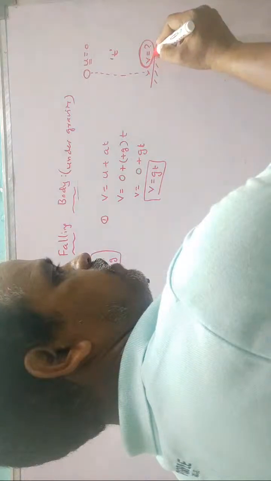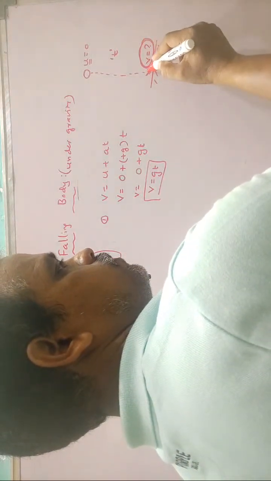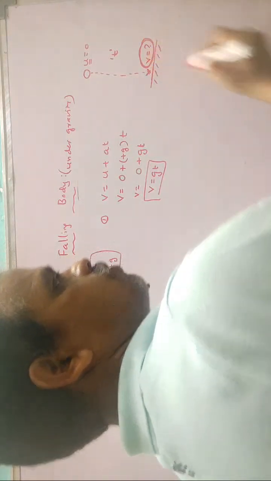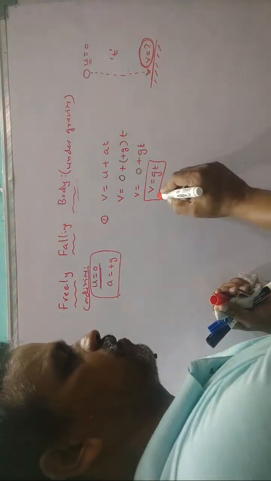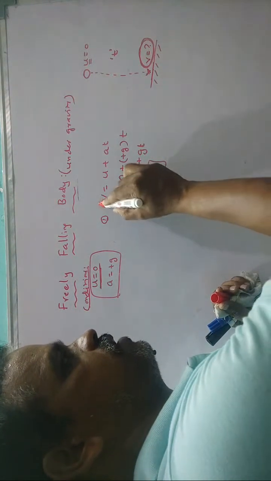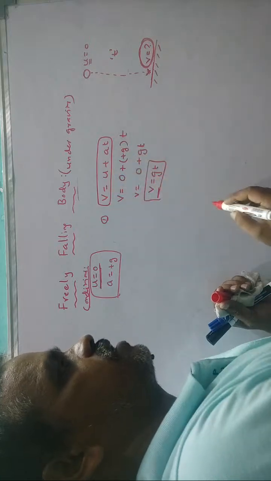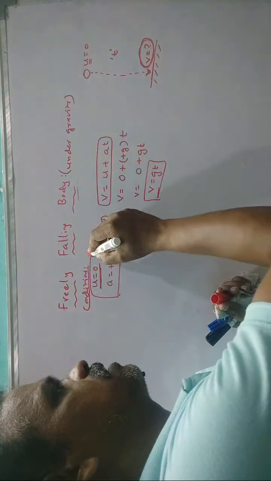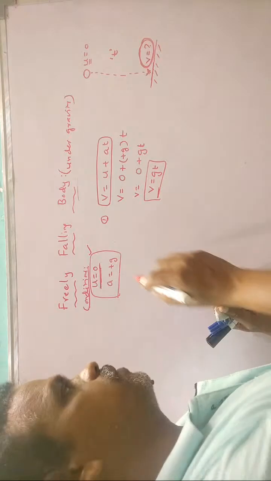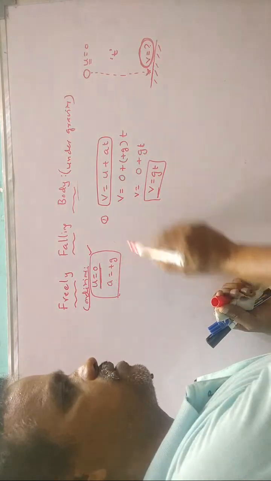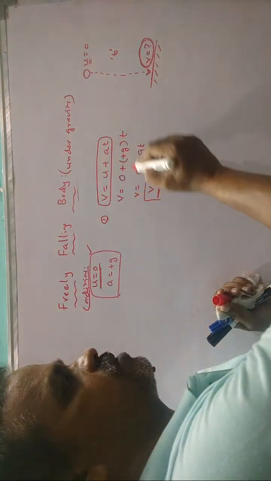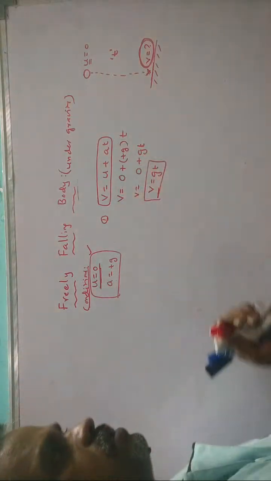What is the final velocity when it reaches the ground? For that, V equal to GT. Simply we applied this first kinematic equation to this case. What are the conditions of a freely falling body? U equal to 0, A equal to plus G. V equal to GT.